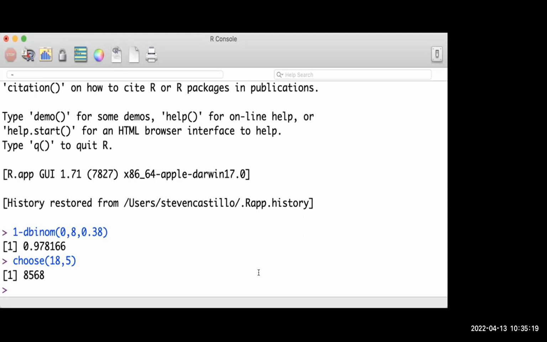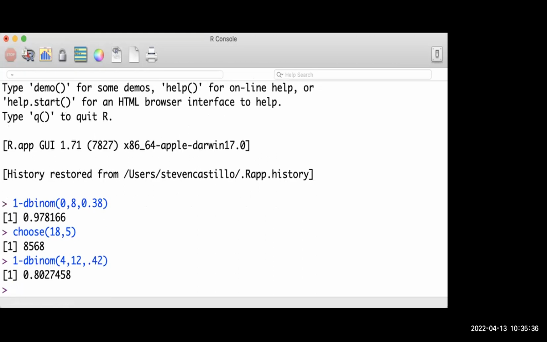And so I have here 1 minus dbinom(4, 12, 0.42). And so I get 0.8027458.